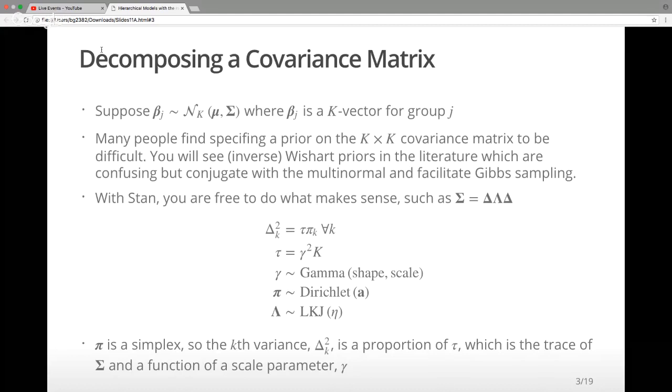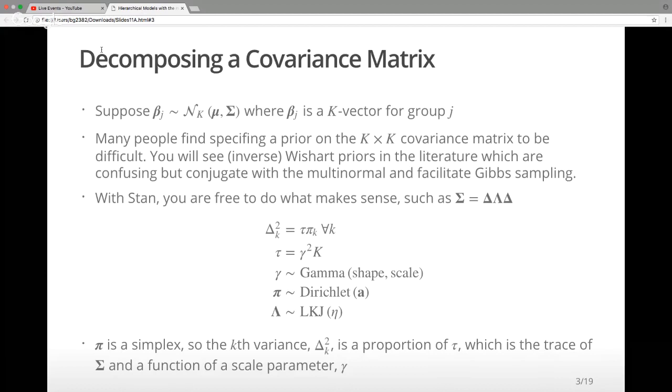Now, for a lot of people, it's an open question as to what would be sensible, but for a starting point, typically with Stan, you're going to want to decompose the variance covariance matrix sigma into a diagonal matrix of standard deviations delta, and a correlation matrix lambda.